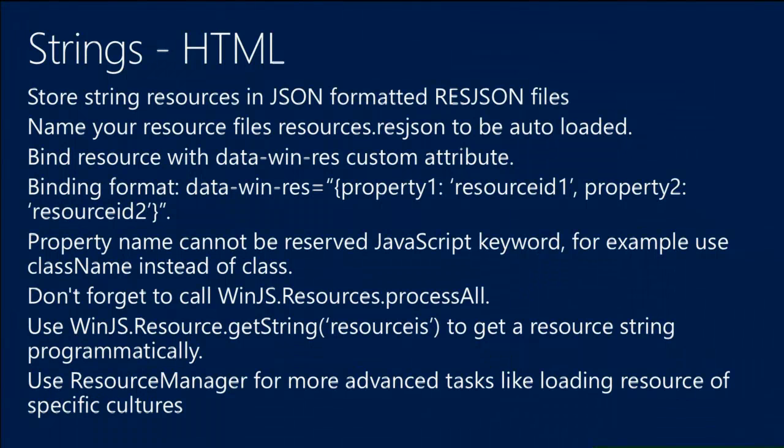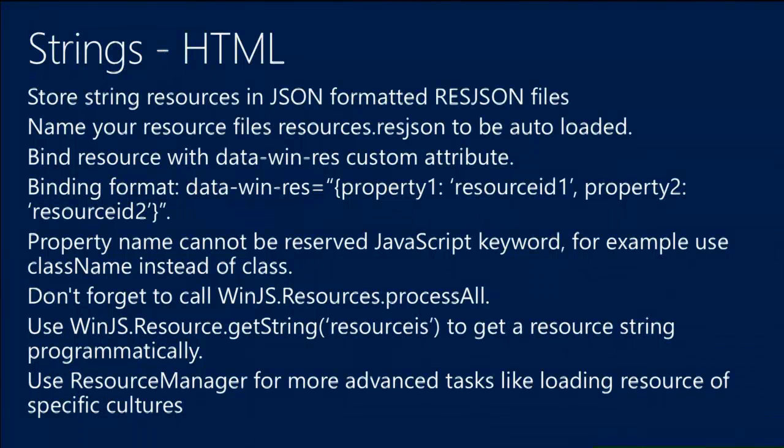If you need to get a string programmatically, you need to call WinJS.Resources.getString and give it the resource ID. You will get an object with two properties, name and value. With the value, you can get the resource value.